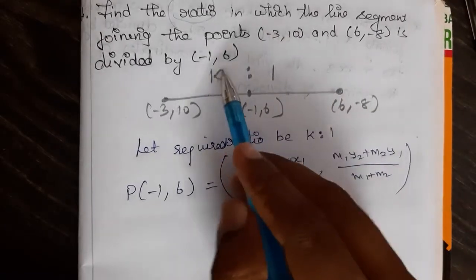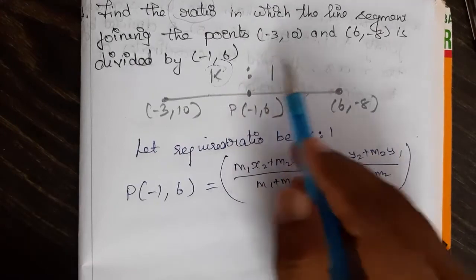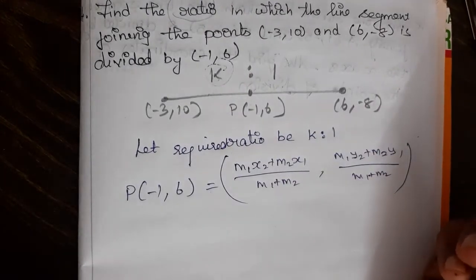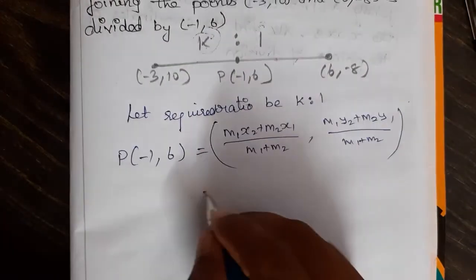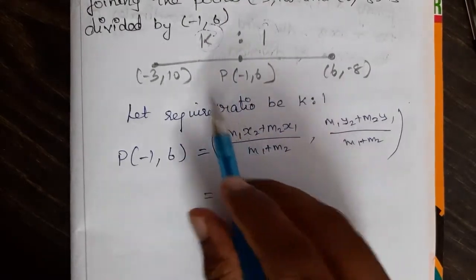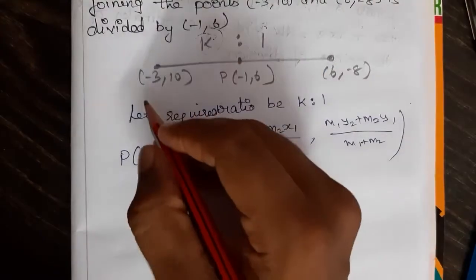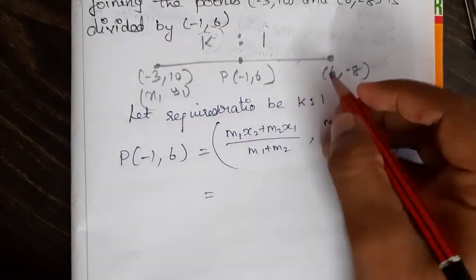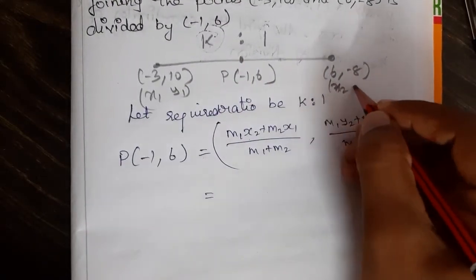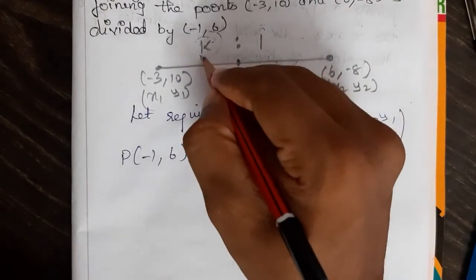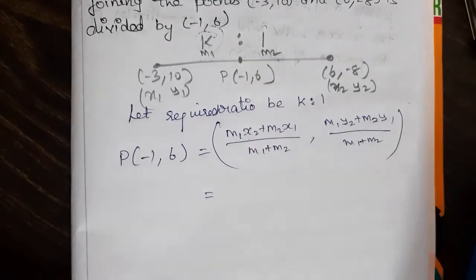Here we consider m1 as k and m2 as 1. So m1 is k into x2, this is x1 y1, x2 y2, and this is m1 and this is m2.